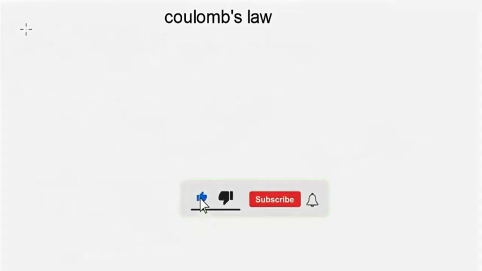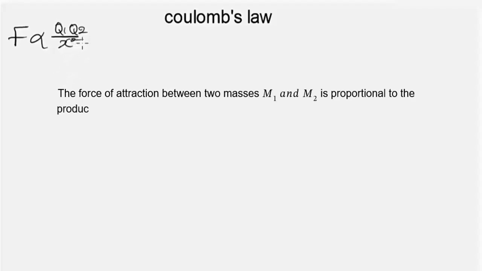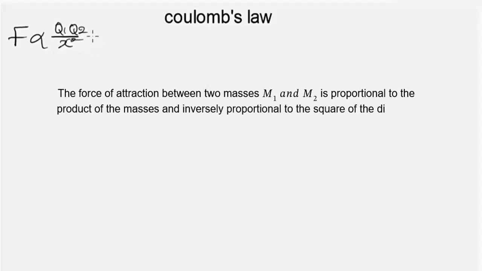So our last expression, which is F varies as Q1 Q2 over x squared, is very similar to Newton's law of gravitation, which states that the force of attraction between two masses m1 and m2 is proportional to the product of the masses and inversely proportional to the square of the distance between them.